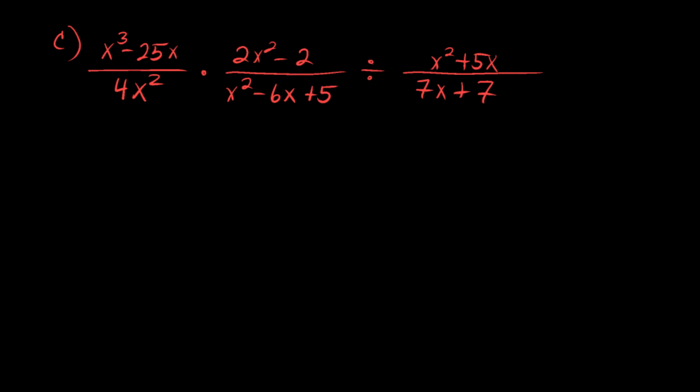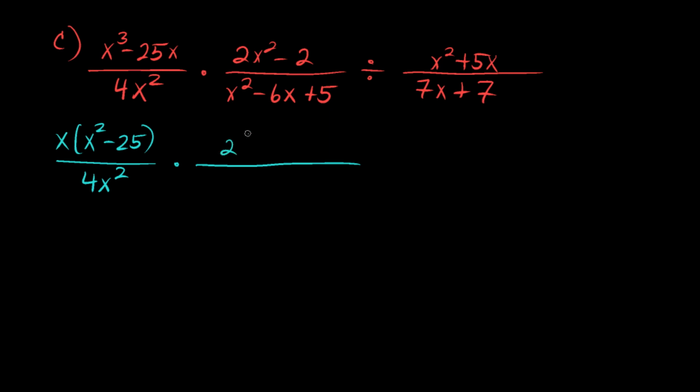Alright, so let's factor where we can. Up here we have a GCF of x, so we're going to have x squared minus 25. 4x squared is already factored, times. Up here we have a GCF of 2, so we factor that out. Down here we have a trinomial, so we'll put our x's here.